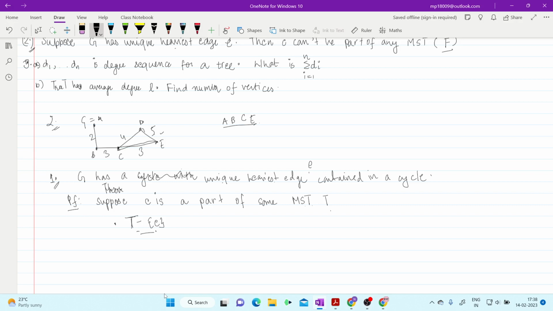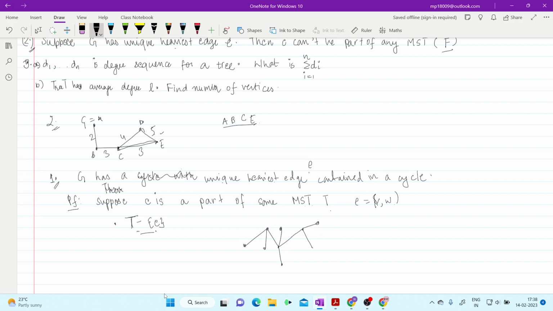Suppose E is equal to VW, the edge VW. So suppose we have any tree T. This is a tree because it has no cycle.